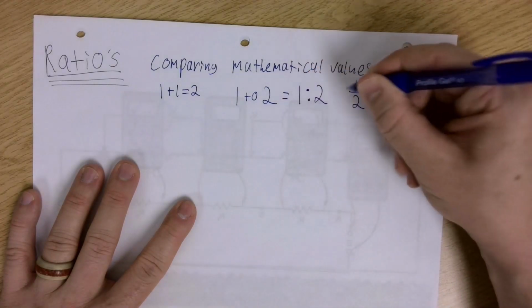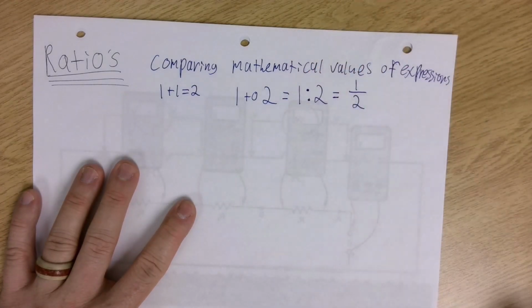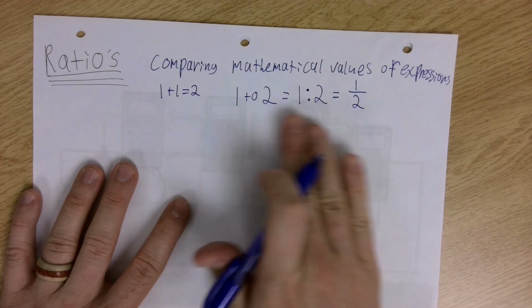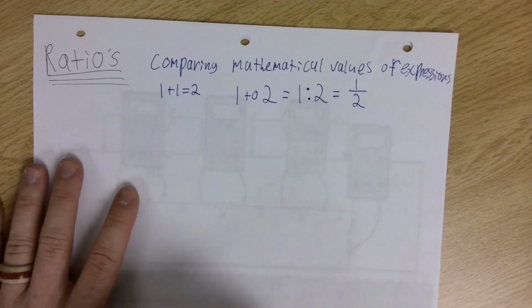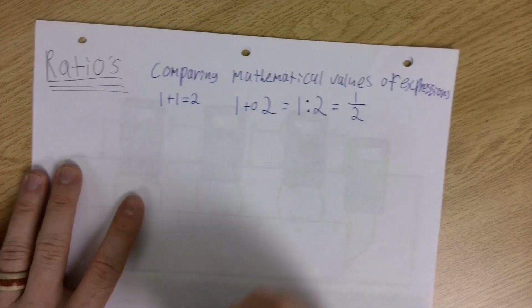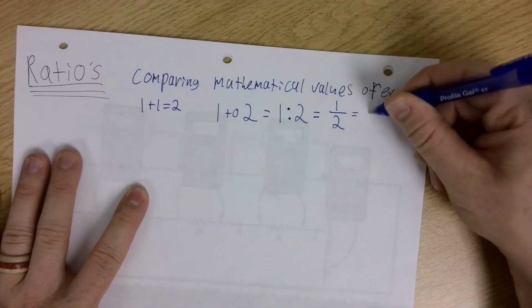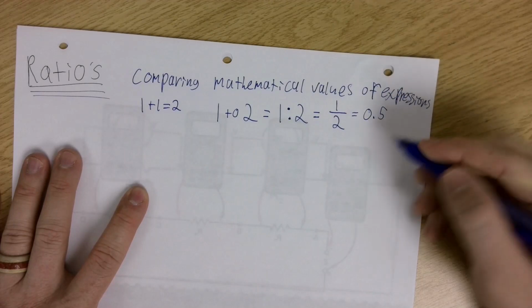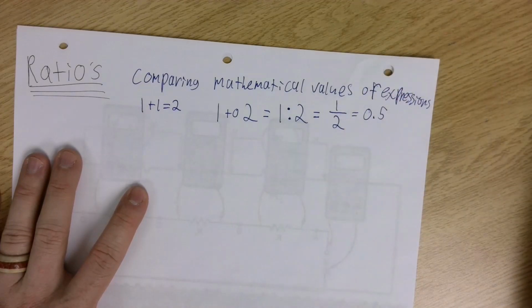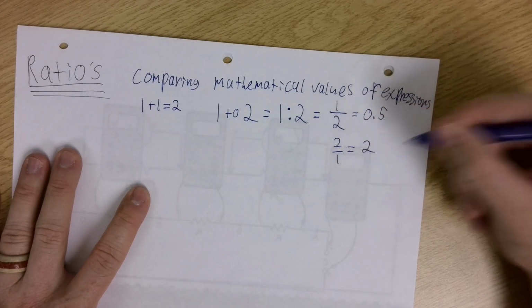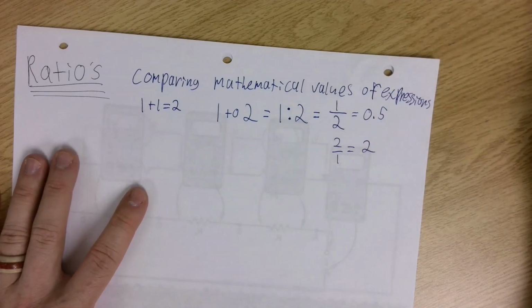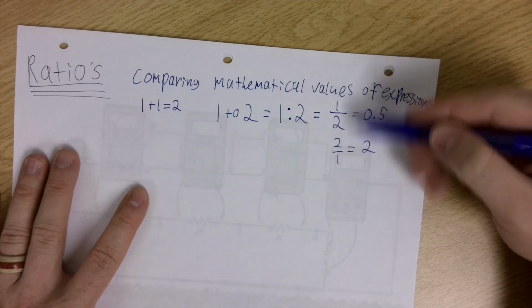All the same, these are equal to each other. They're just different ways of representing ratios. And the order of the ratio matters, because 1 over 2 equals 0.5, that's 50%, while 2 over 1 is equal to 2. That's completely different, so the order of your ratio matters.